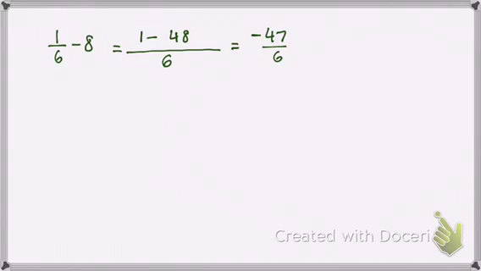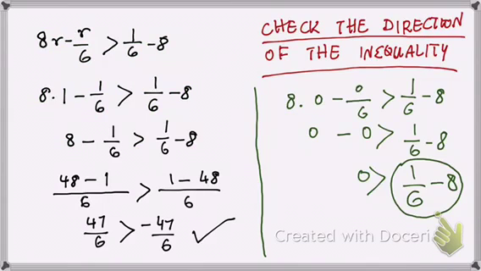So you saw that it's negative 47 by 6, and negative 47 by 6 is less than 0. So we checked the direction of the inequality as well by substituting r with 0 and r with 1.